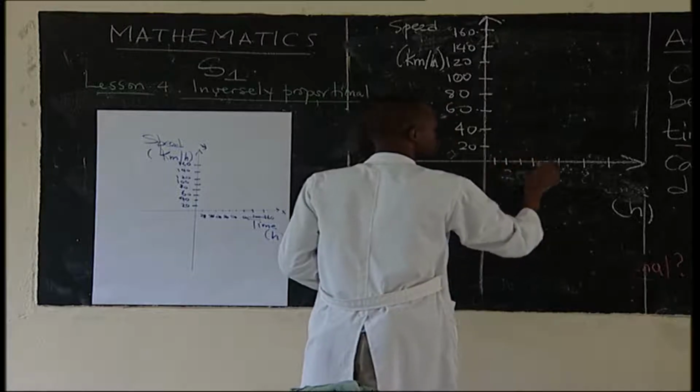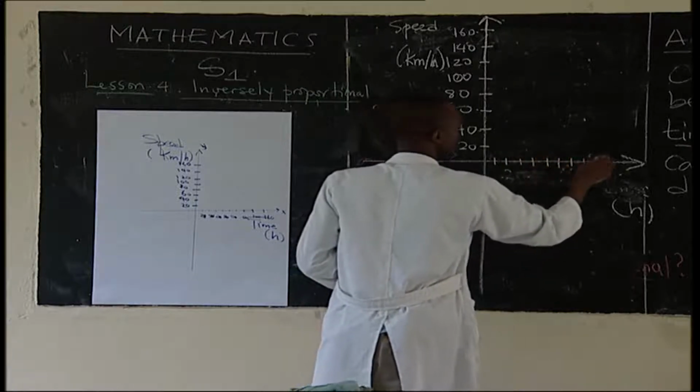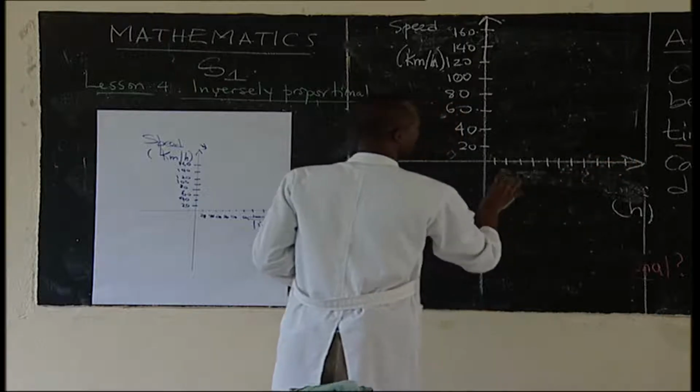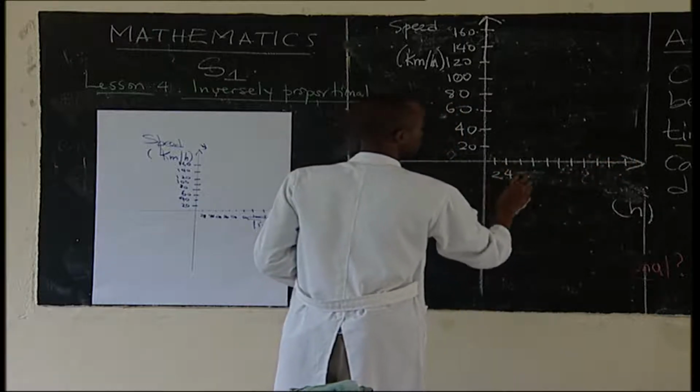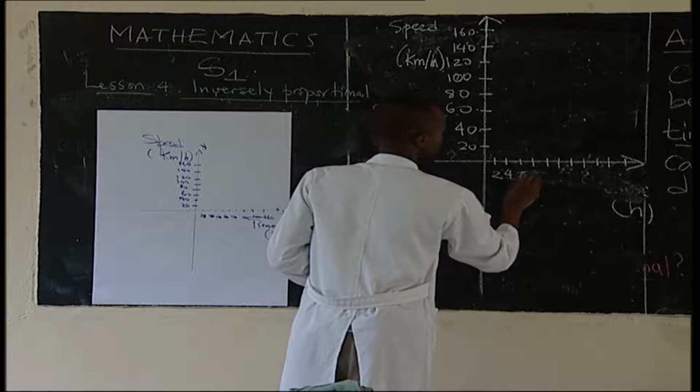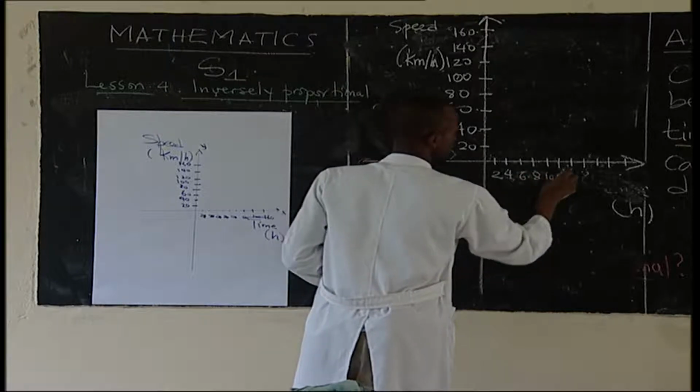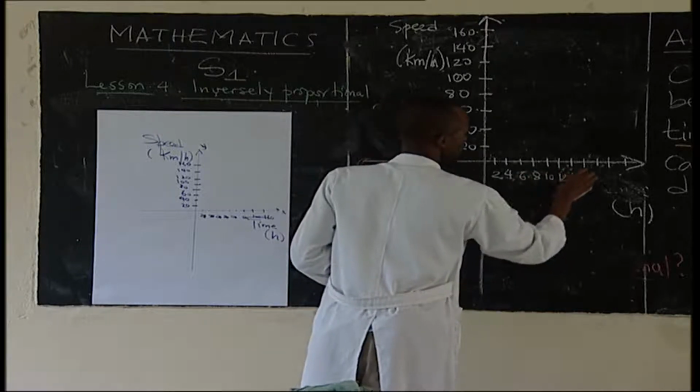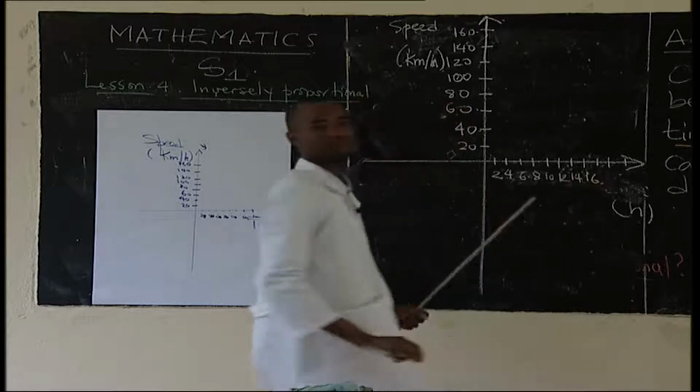Let me divide it into 2 because it has to be many: 2, 4, 6, 8, 10, 12, 14, 16.